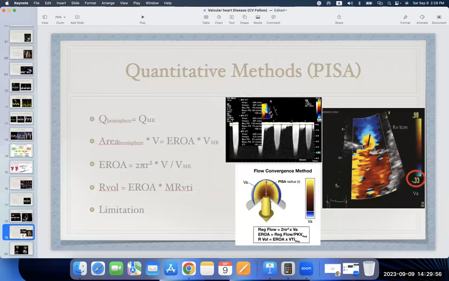From the radius, you calculate the surface area of this hemisphere, the curved surface area, and then you multiply it by the velocity, which we know at this surface is equal to 33 centimeter per second.